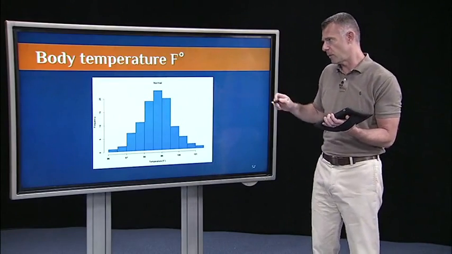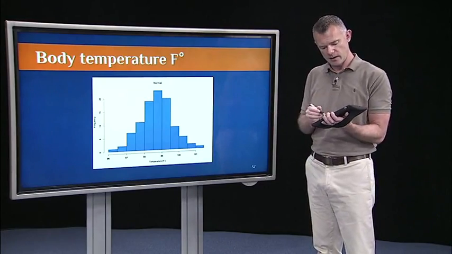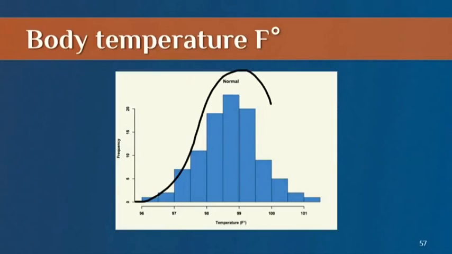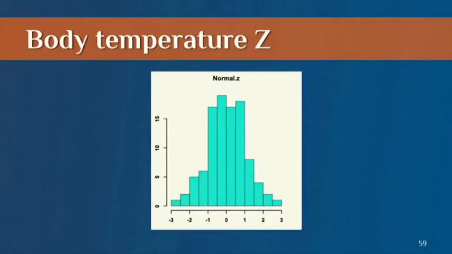So again, let's look at this body temperature distribution. Here it is again in degrees Fahrenheit. It's this nice normal distribution. Here it is again in Celsius. Again, a nice normal distribution. Here it is in terms of Z-scores. Again, we did this in R, and R did the breaks a little bit differently for this graph, but it's still a nice normal distribution.